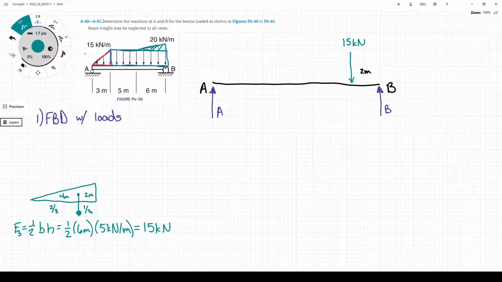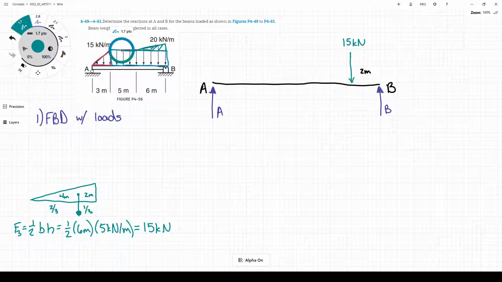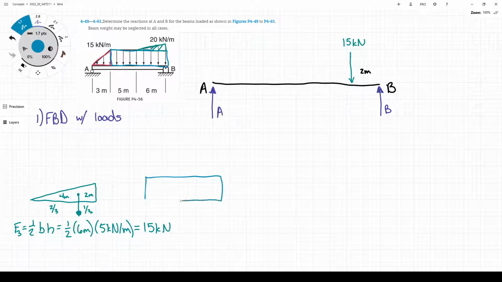Next, we want to determine the equivalent load for the rectangular component. For a rectangle, the equivalent load is equal to the base of the rectangle times the height of the rectangle. So in this case, we've got 11 meters wide times 15 kilonewtons per meter.